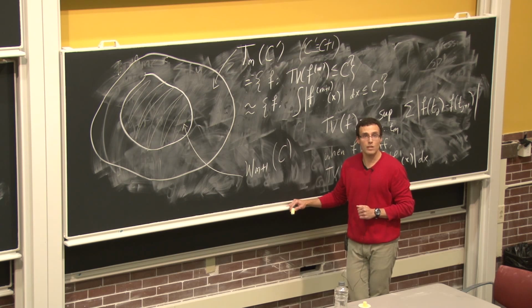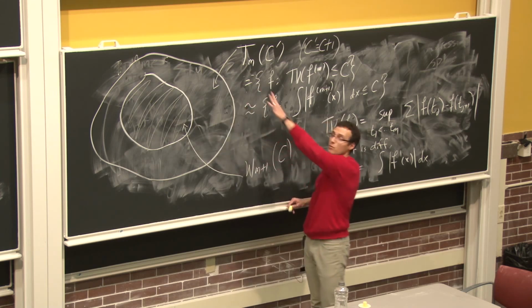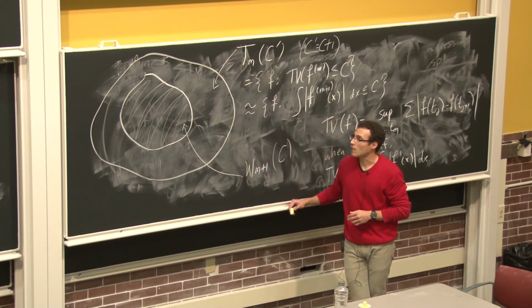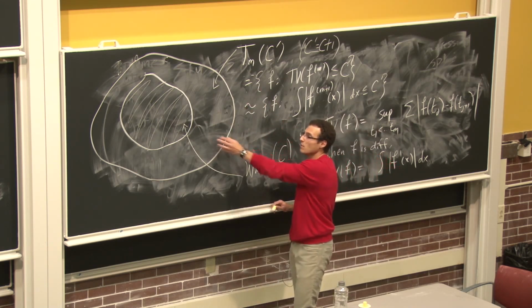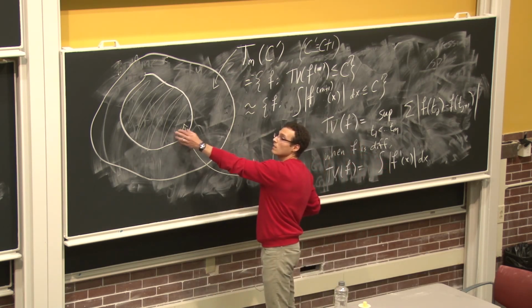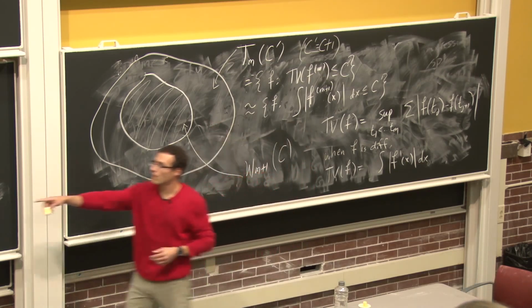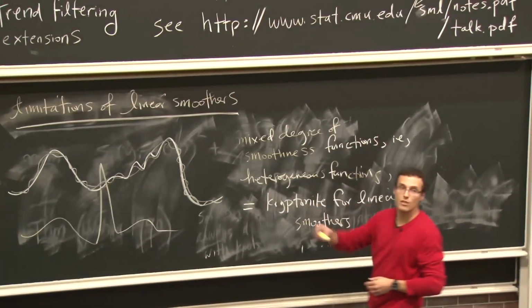And then Donoho and Johnstone came along in the 90s and said, well, actually, there are bigger function spaces. For example, here is one of them. If you look at these function spaces, smoothing splines actually perform quite poorly outside of the Sobolev space. So they do very poorly here. And this function space contains these types of heterogeneous functions.